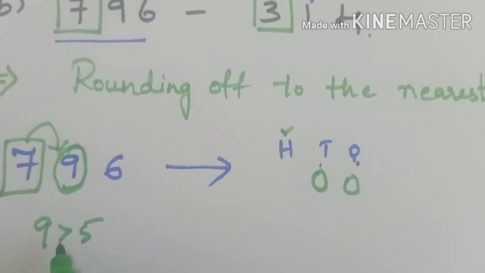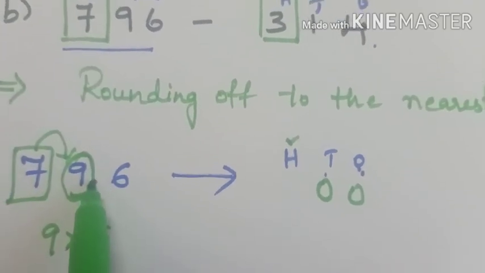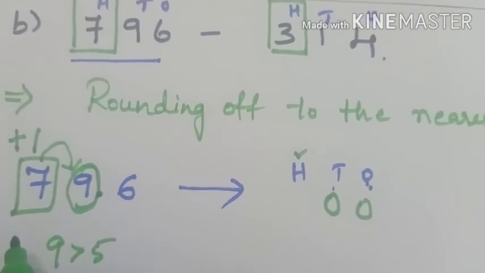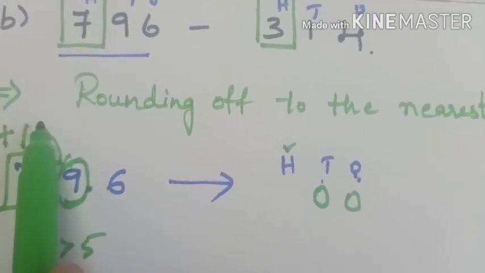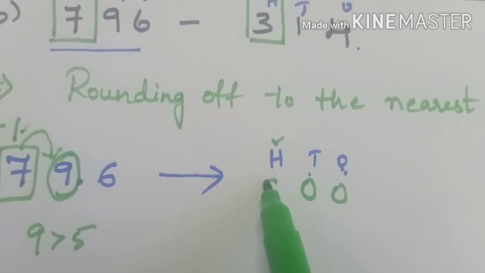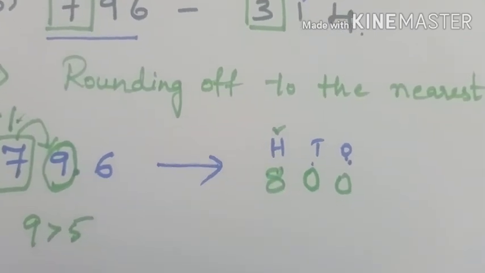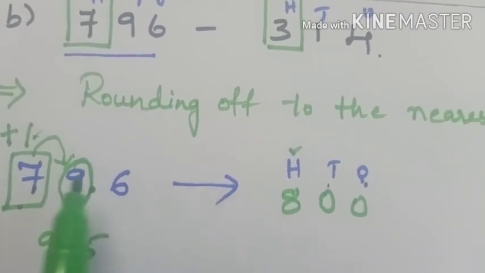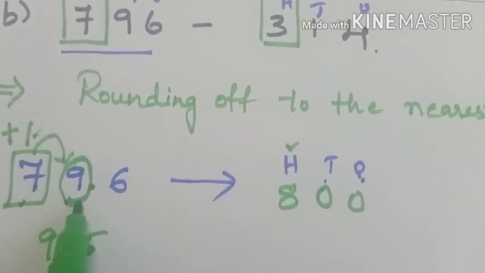Correct? So you should add plus 1 to the hundreds place. Then 7 plus 1 is 8. 800. Is it clear?